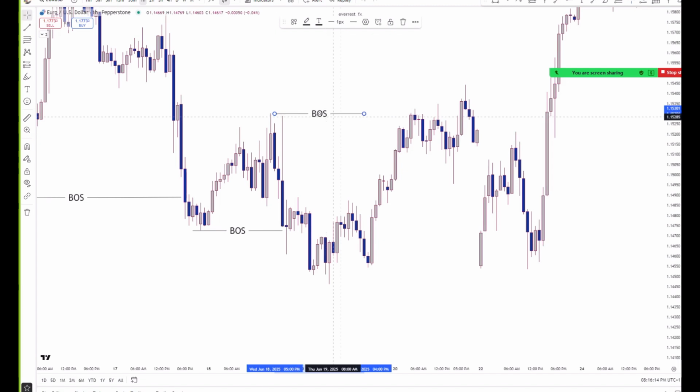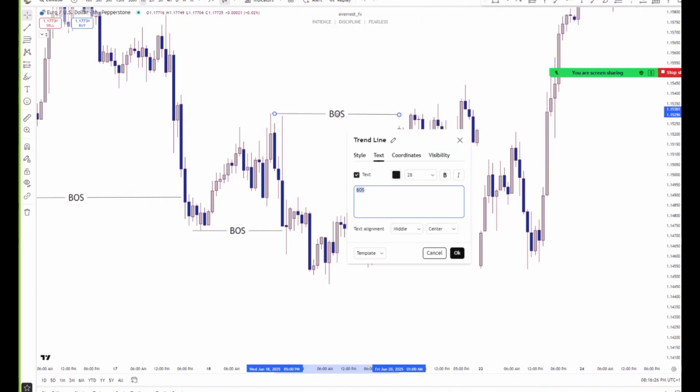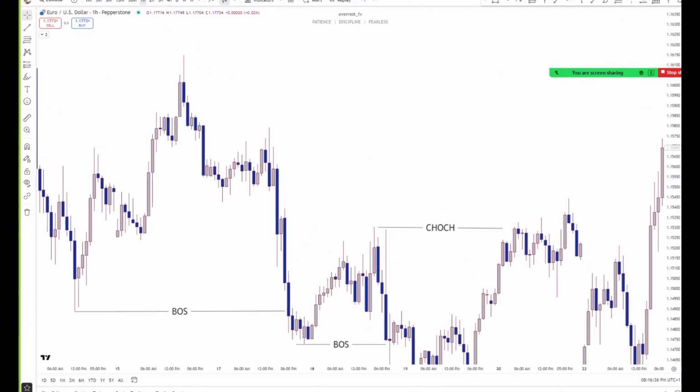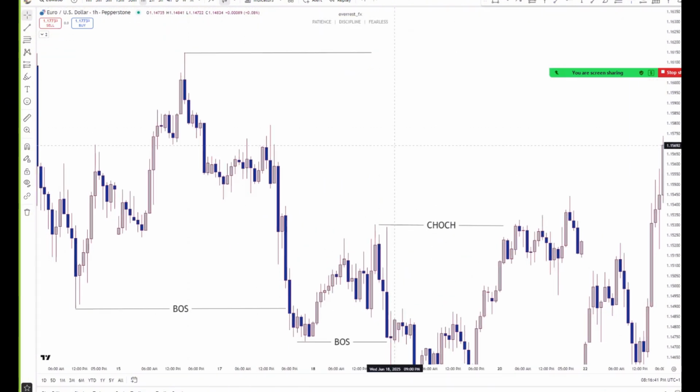Yesterday, we said that if the market eventually breaks this protected high, what does that mean? It is what we call a change of character, or you can call it a market structure shift. So at this point, this high is protected.